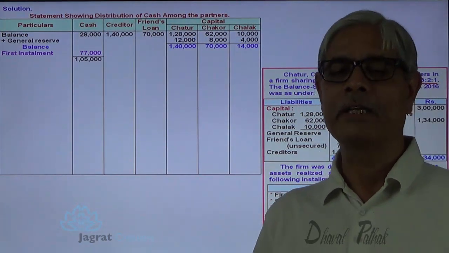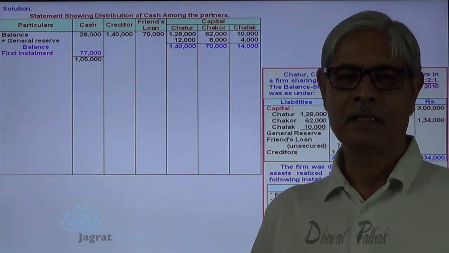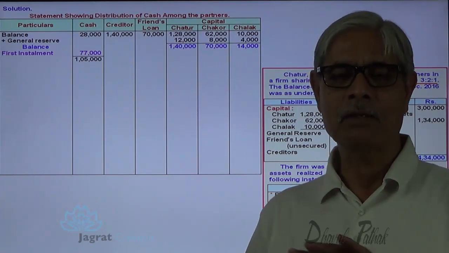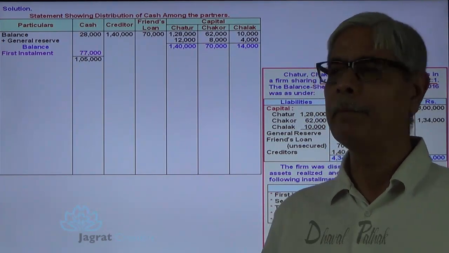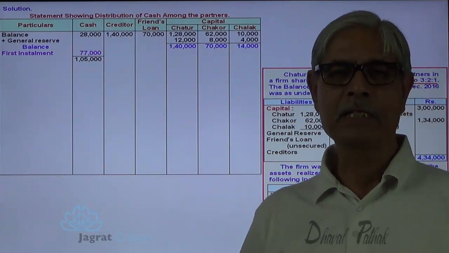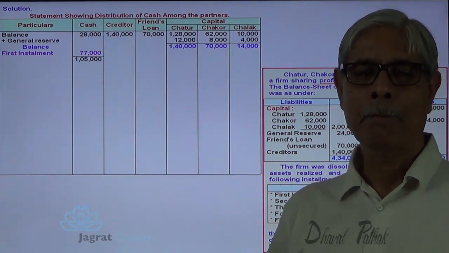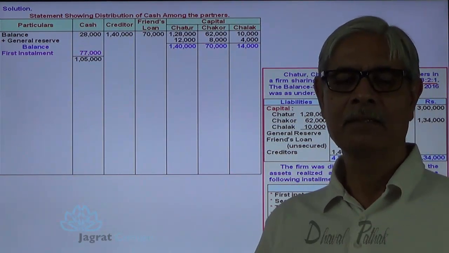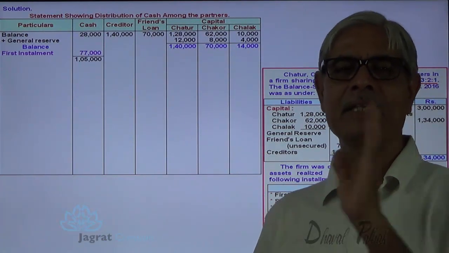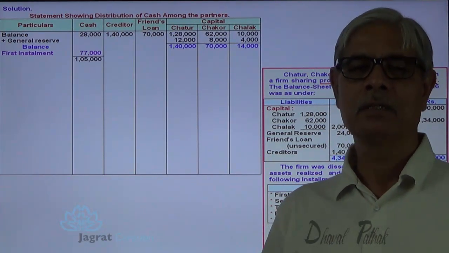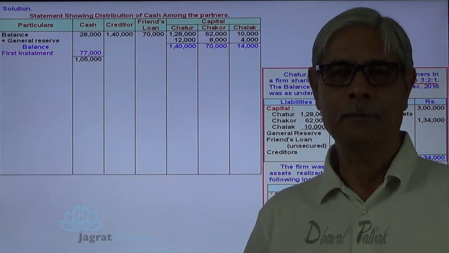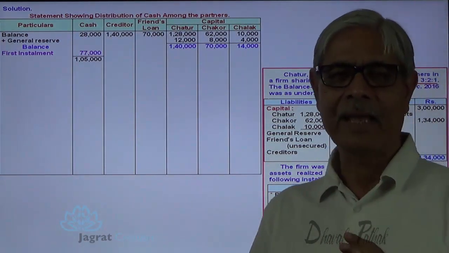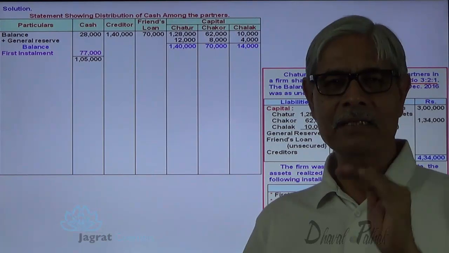Okay, when should I keep it? It is my choice when I keep 10,000 aside before payment made to these creditors and friends loan. But I have to keep it aside before any payment is made to the partners against their capital. This contingent liability has a claim against the company.